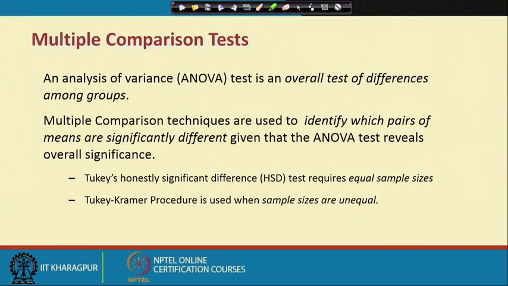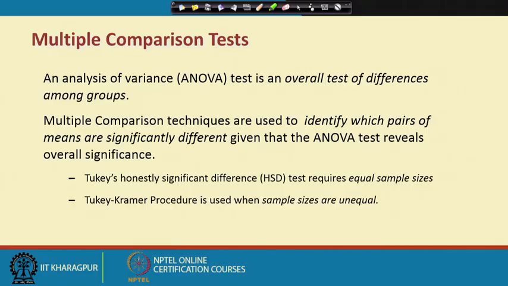In the case of the multiple comparison test, once ANOVA gives you a significant result, it opens another route where we like to know which two pairs are actually problematic. If F is not statistically significant, then you may stop, but if it is significant, then it means one particular sample may be problematic.